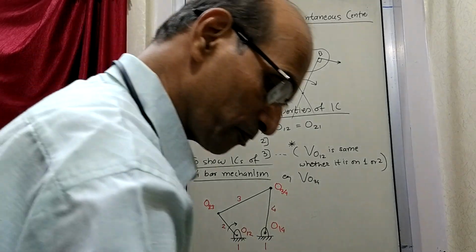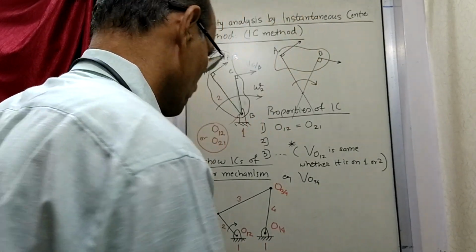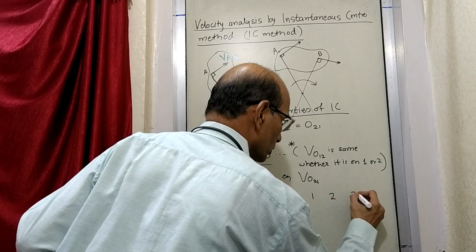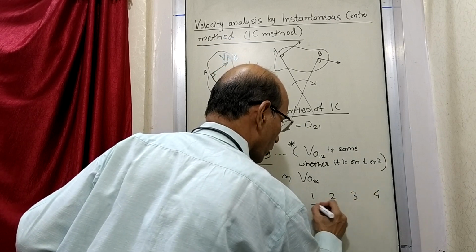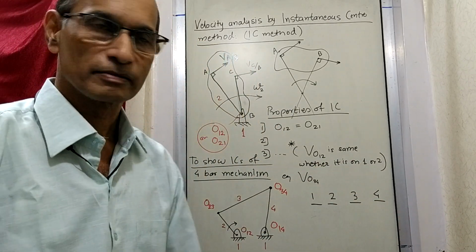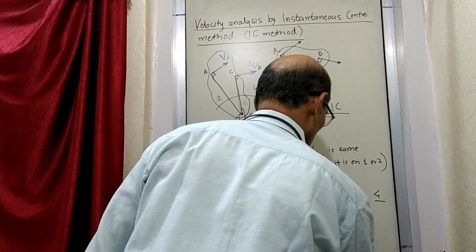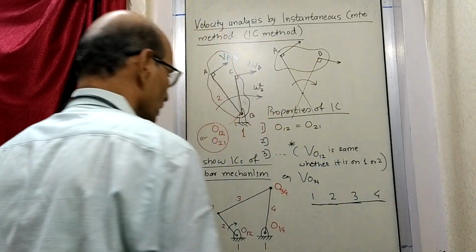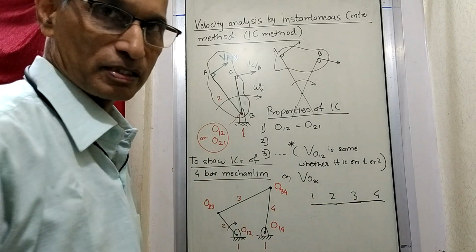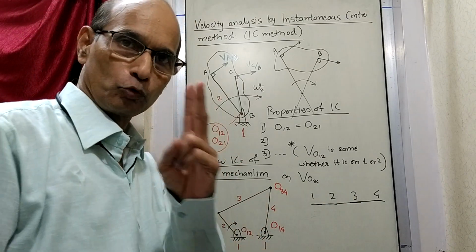Now for that, we will make some such combination. So let me write here 1, 2, 3 and 4. So there are 4 links, so I have written like this. Maybe I will continue it on this line. Now, what are the different combinations that we are going to make by making use of 2 numbers?